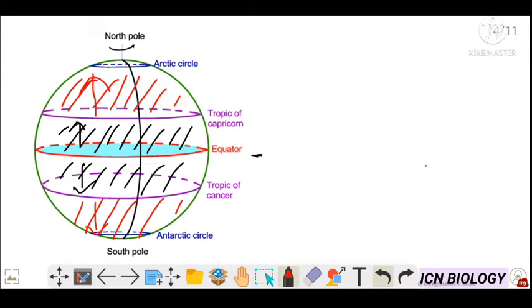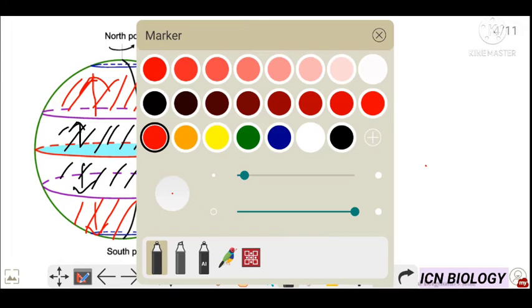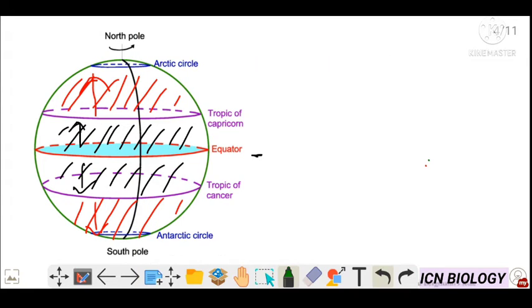And above the temperate zone, there is another zone called the polar zone. The polar zone may be on the north side or the south side. If it is the North Pole, it is called the Arctic Circle, and if it is the South Pole, it is called the Antarctic Circle.